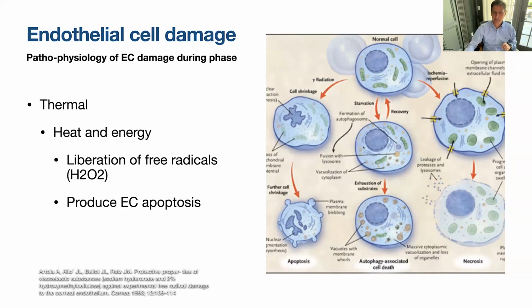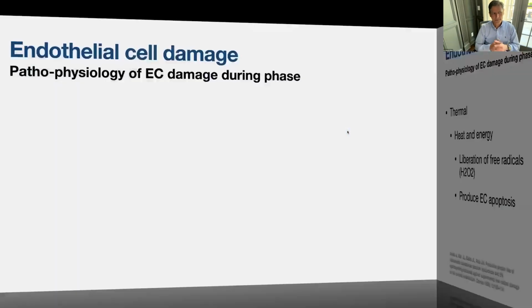And this is a beautiful diagram by Alió in Spain, in which we see how liberation of free radicals basically produces initially a swelling of cells, and then shrinkage with damage to the chromosomes and the nuclei, producing endothelial cell apoptosis and death.